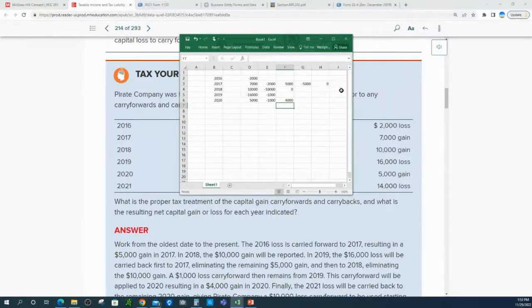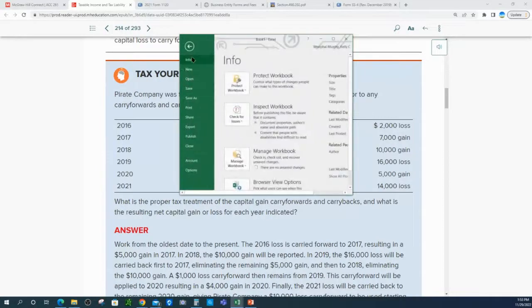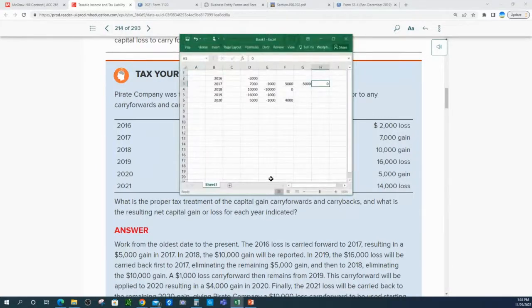So our gains now are 4,000, but look, we've got another loss. In 2021, we've got a $14,000 loss.